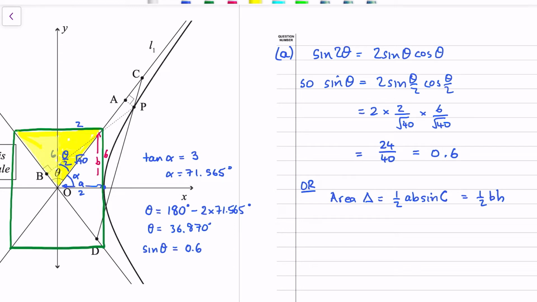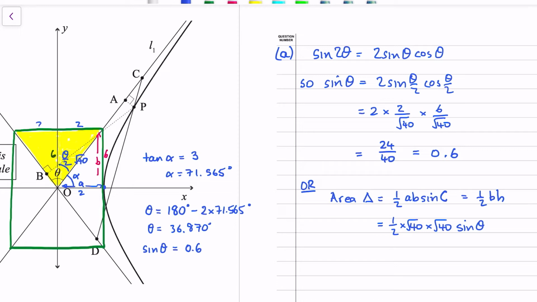So the whole triangle there, if I went and found the area using the half AB sine C formula, it'd be half times root 40 times root 40 times sine of theta. But if I was using the half base times height formula, the base is 4.